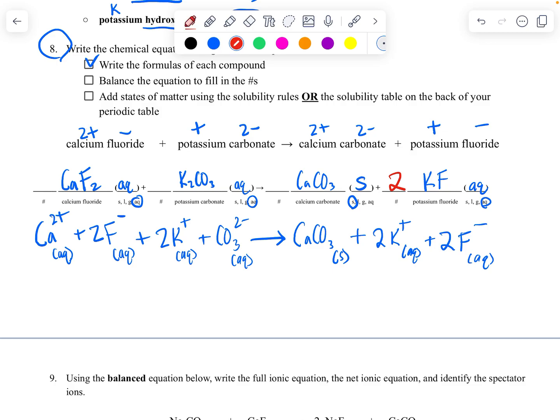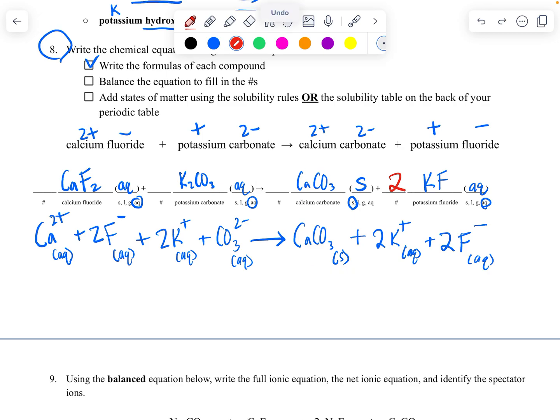Identify the spectator ions. What exactly are spectator ions? Well, they're the ones that are just kind of sitting there and not doing anything, not involved in making this solid. The ones that do not contribute to making this solid. How do you find them? If they repeat from the left to right of the center arrow here, it tells me that, well, it didn't do anything.